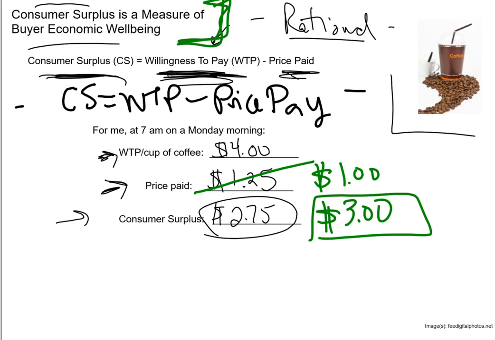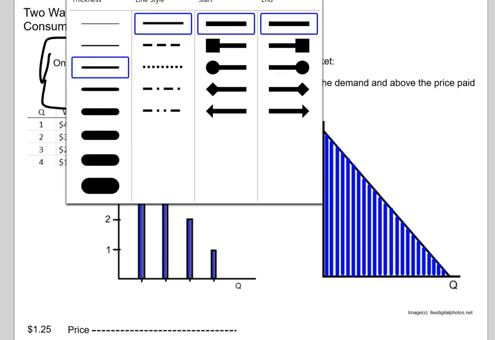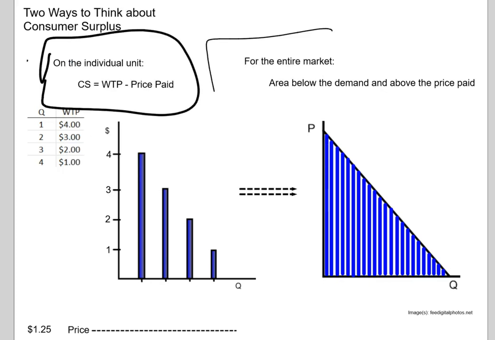When we're thinking about government policy, we don't want to just focus on how we measure consumer surplus on an individual unit, but we want to think about the entire consumer surplus for the entire market. And in order to find that, this is in words where we're going to look to get to that point. Let's run through this logic real quick. Let's assume that on the left, I've got my willingness to pay for my first, second, third, and fourth cup of coffee.